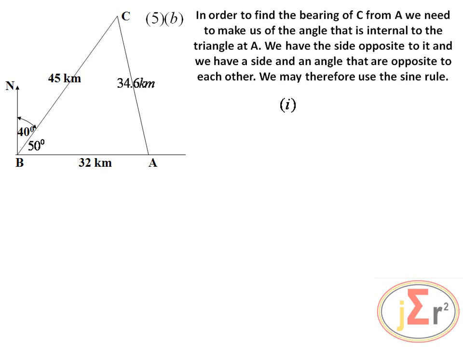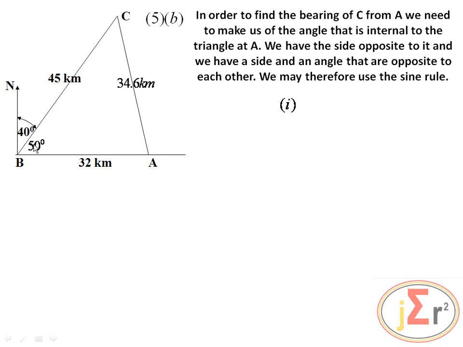We may therefore use the sine rule. We may use the sine rule because we have 50 degrees, and opposite to it we have 34.6. We have these that are known. This angle is the one that we need to find, because we cannot find any other angle at A. The only angle that we can find immediately at A has to be one that is internal to that triangle that we have right there.